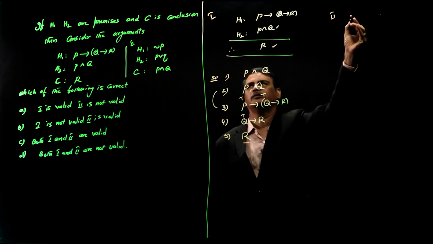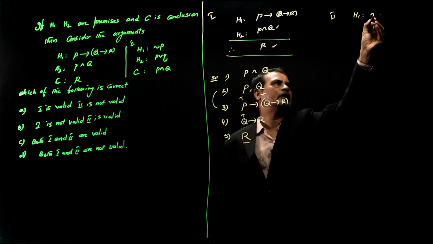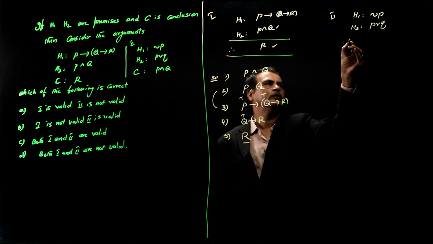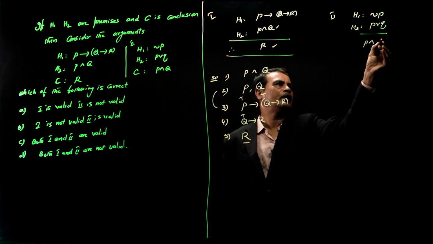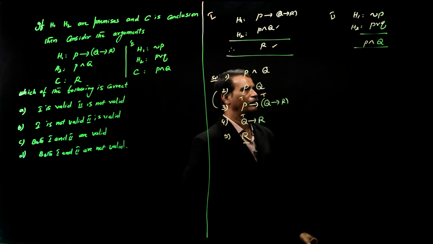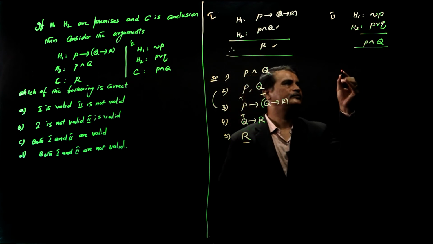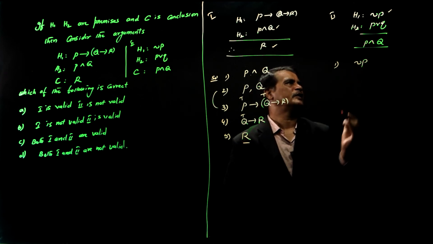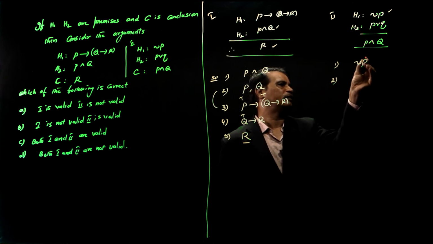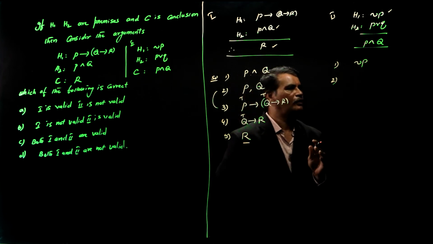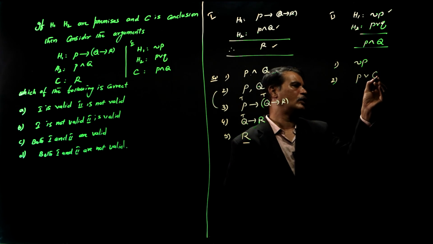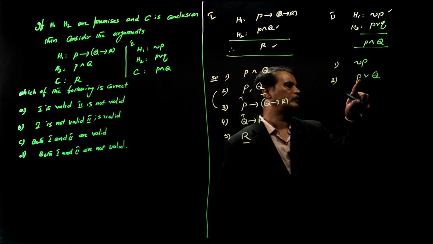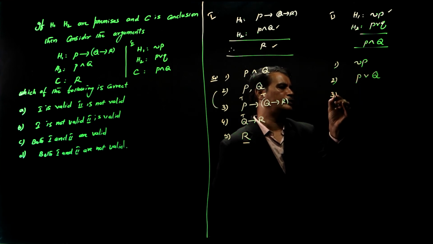What is the second problem? They give H1 as negation P, H2 as P or Q, and then ask whether P and Q is logically correct. You have to verify. We will see. First I consider negation P is true. I consider this premise. From this I know that negation P true means P should be false. Consider P or Q. Negation P true means P should be false, and P false means Q should be true.